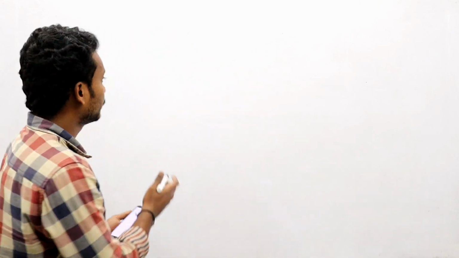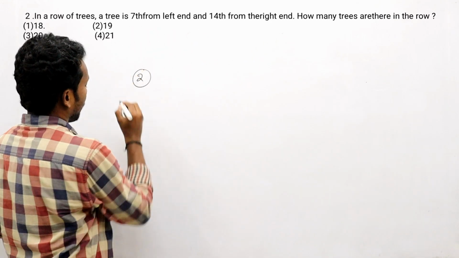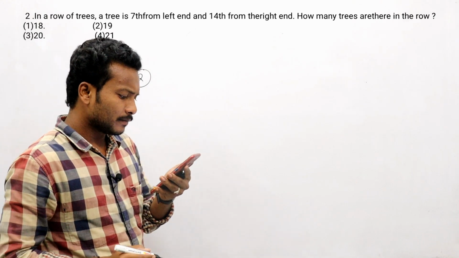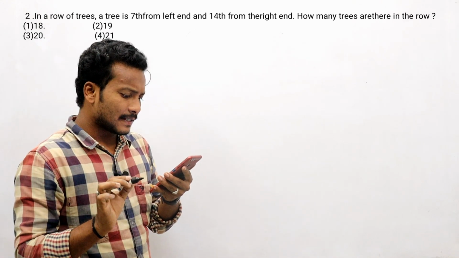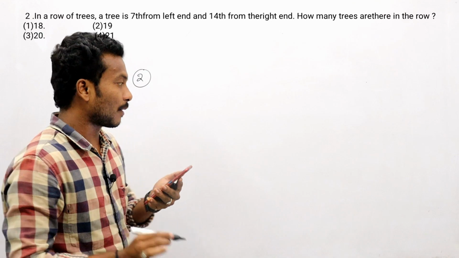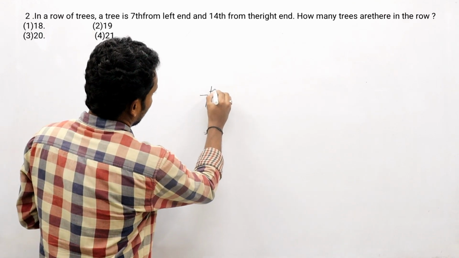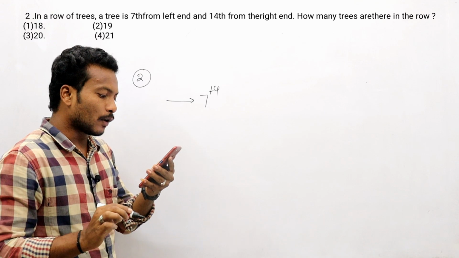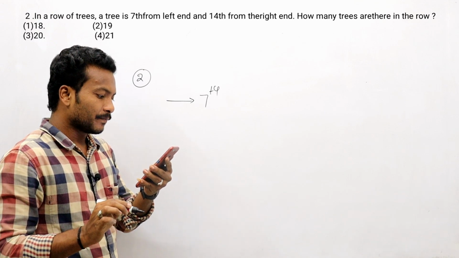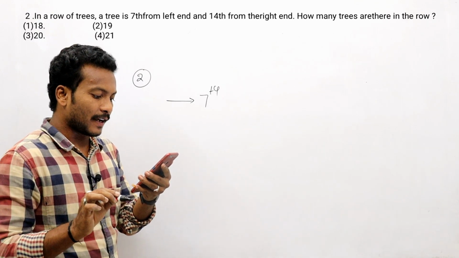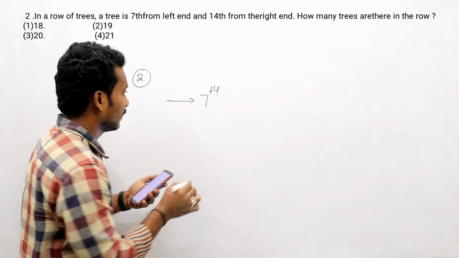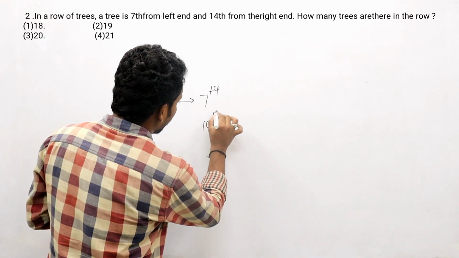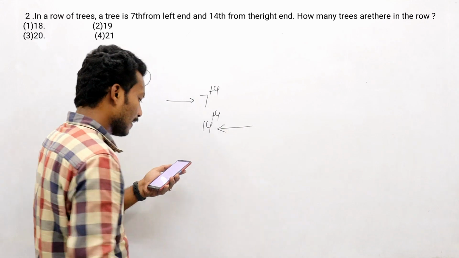Now, second question. In a row of trees, a tree is seventh from the left and 14th from the right. It is the same tree, 14th from the right.